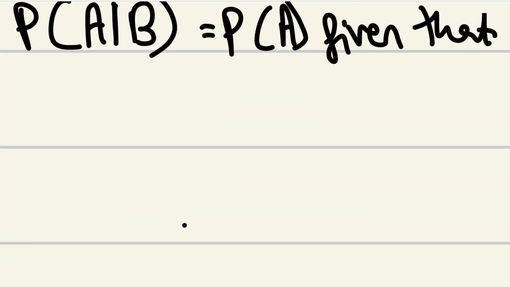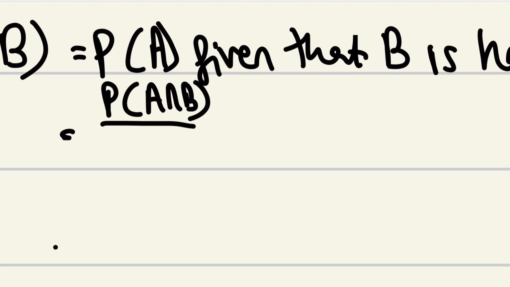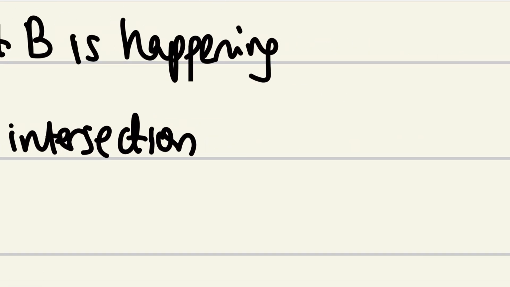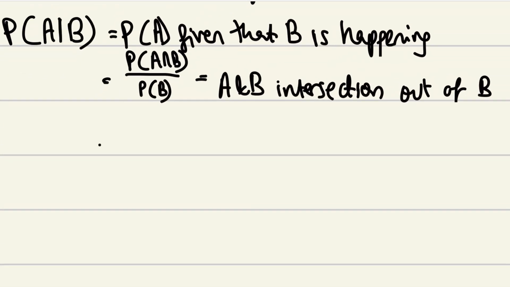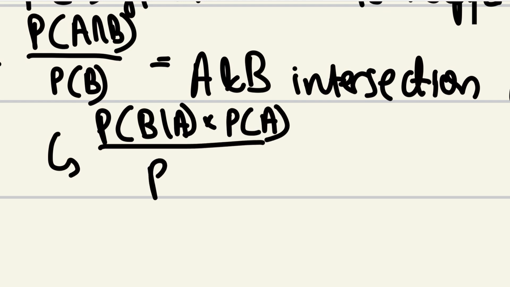How you would solve this is you would take the intersection of A and B, so P of A and B over P of B, because we know that now the sample space is B. So that is, as I said, the intersection of A and B out of B, because that is when both things are happening while the sample space is B. And another way of doing this is probability of B given A times P of A, divided by P of B.